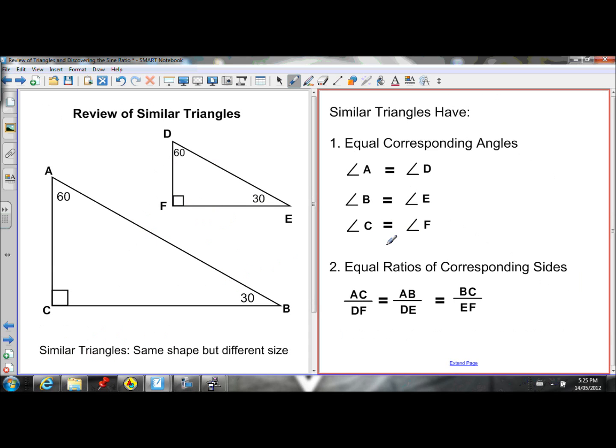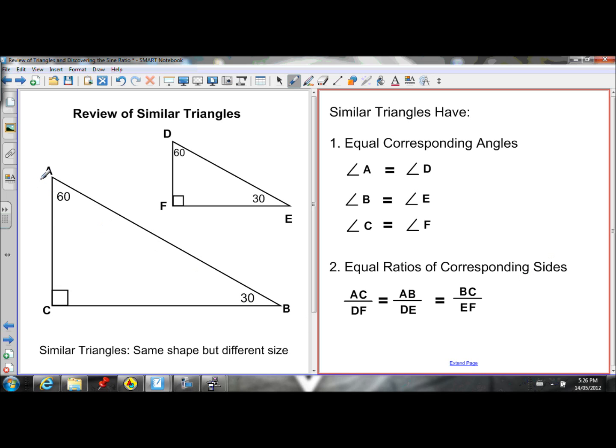So there are two properties of similar triangles. They have equal corresponding angles. So angle A is equal to D, C is equal to F, B is equal to E. They have three pairs of equal angles. Another property of similar triangles, this is going to be important for today: they have equal ratios of corresponding sides.